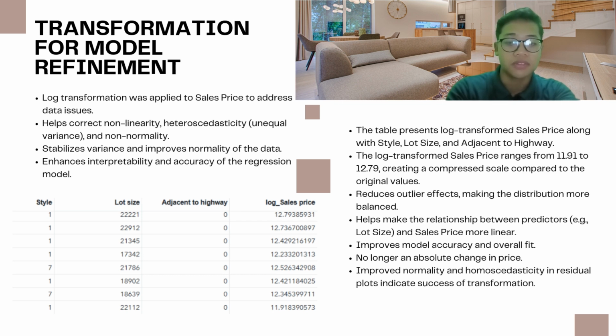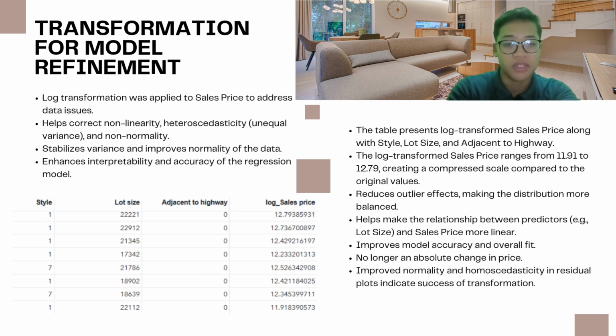Okay, the table presents log transformed sales price along with styles, lot size, and adjacent to highway. The log transformed sales price ranges from 11.91 to 12.79, creating a compressed scale compared to the original values, and it reduces the effect of outliers, making the distribution more balanced.